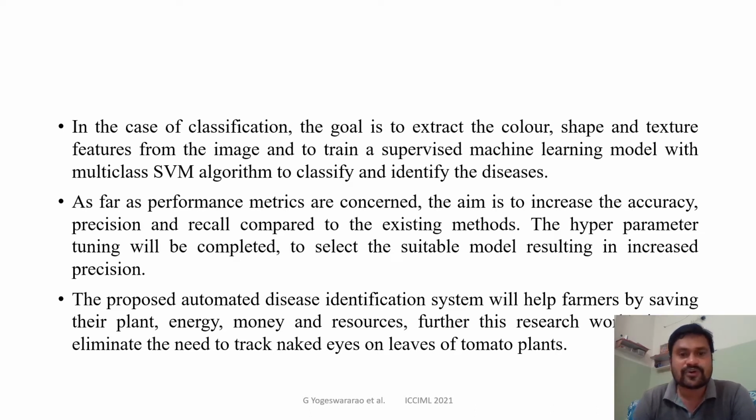As far as performance metrics are concerned, in this paper we calculated accuracy, precision, and recall for each individual disease. The proposed automated disease identification system will mainly help farmers by saving the plant from leaf diseases.